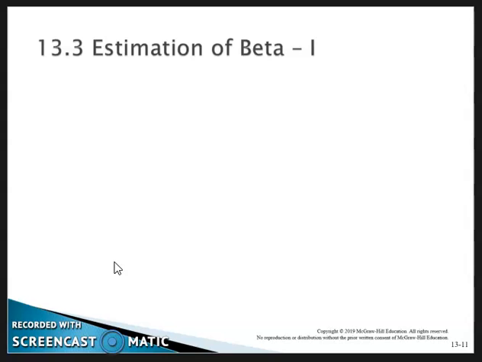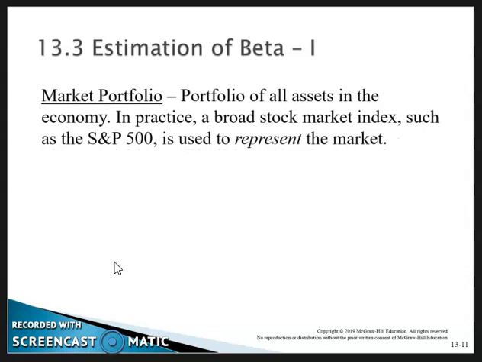So, estimation of beta. The market is the portfolio of all assets in the economy, and in practice, broad stock markets such as the S&P 500 are used to represent the market. In most cases, researchers use the S&P 500 as a broad measure of the market.